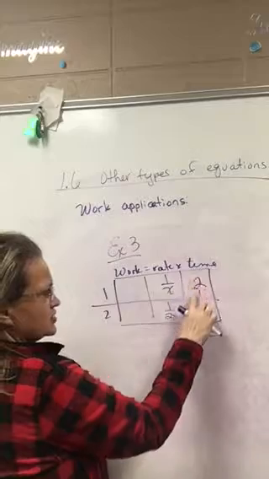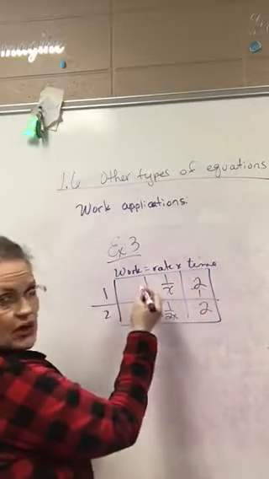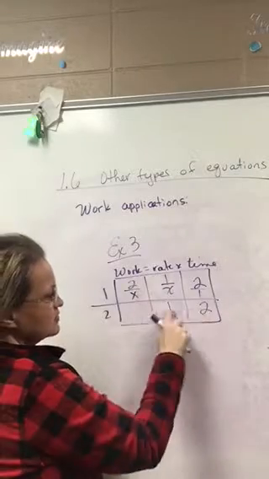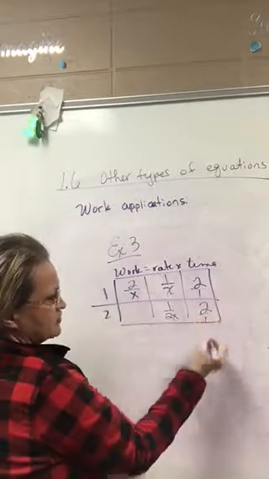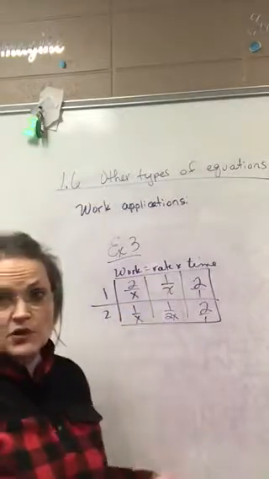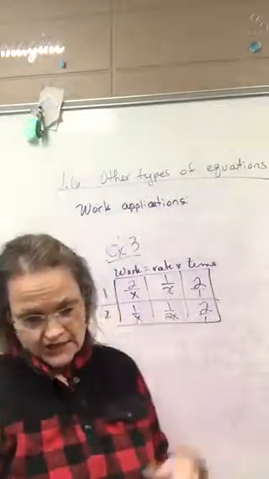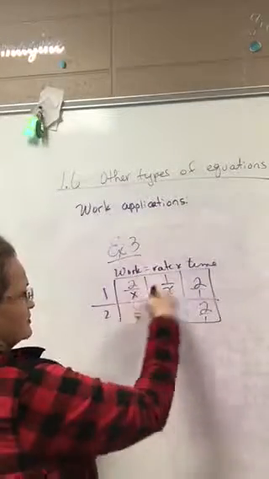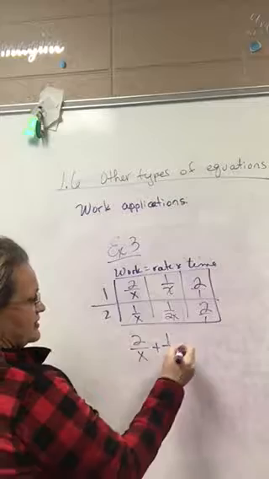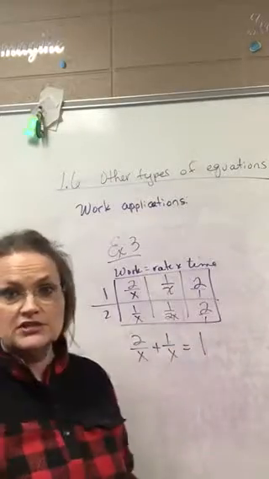So 1 over x times 2 over 1, you multiply the tops and the bottoms and have 2 over x. When you multiply that on top, that's over 1, it's 2 over 2x. The 2's cancel and you just got 1 over x. And just like on the other one, once you've represented your 2 workers, you add them and we set them equal to 1 completed job.